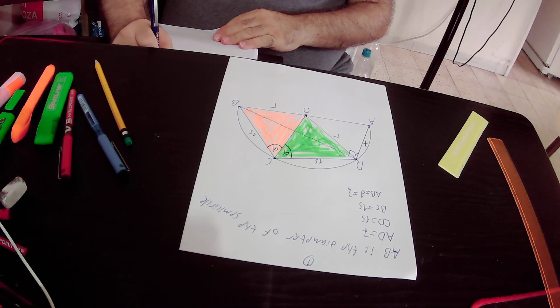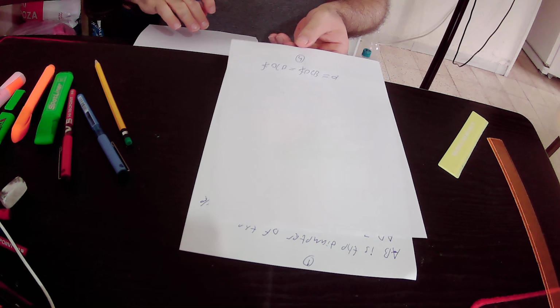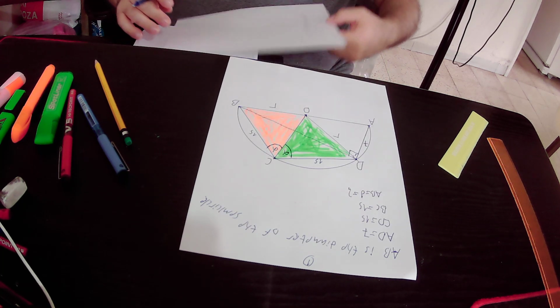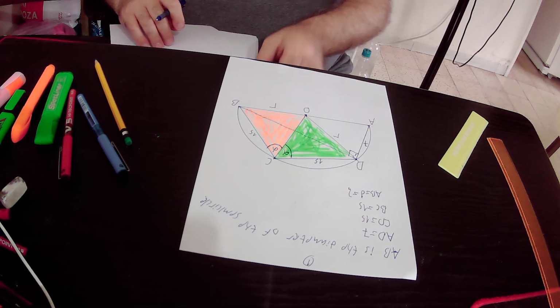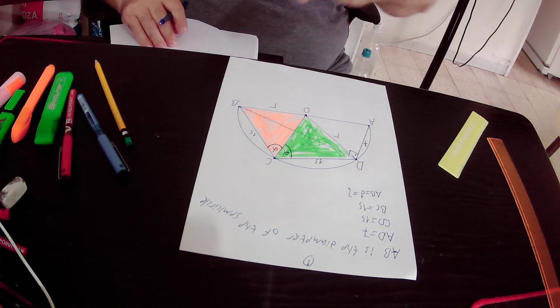Okay, so angle OCD equals angle OCB equals alpha. And in the next step, we will focus on triangle BCD.